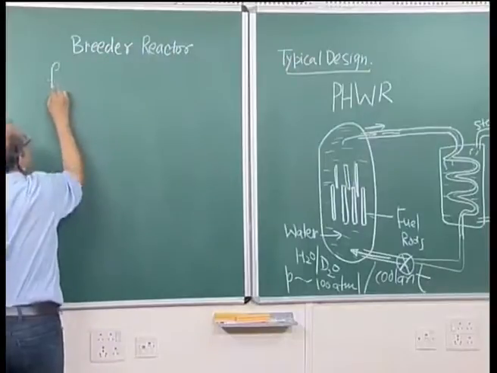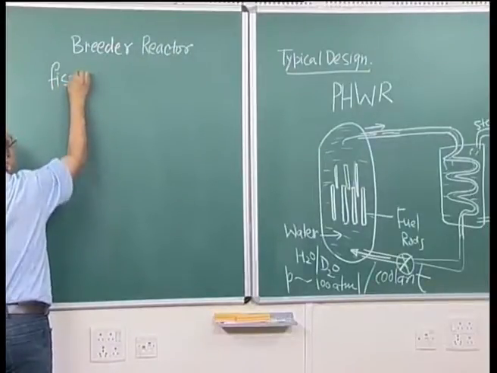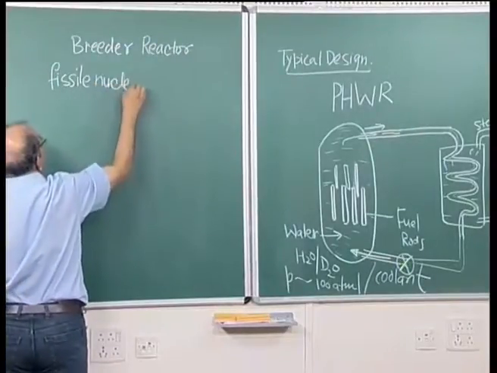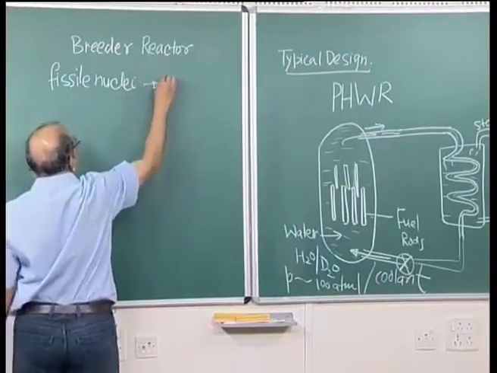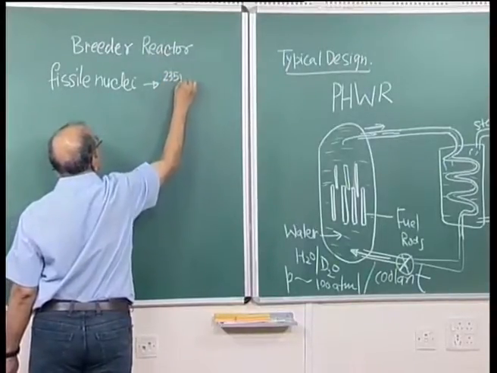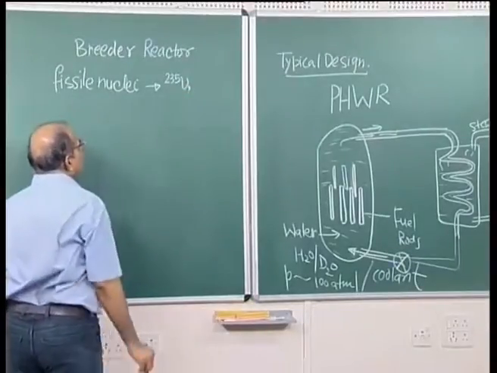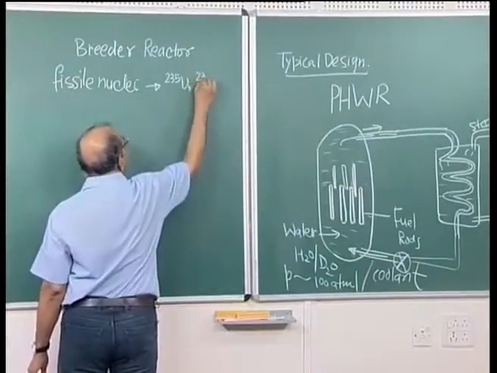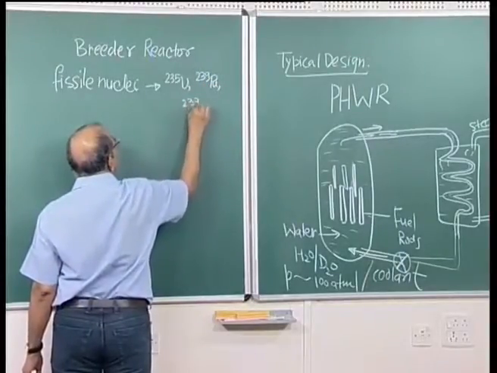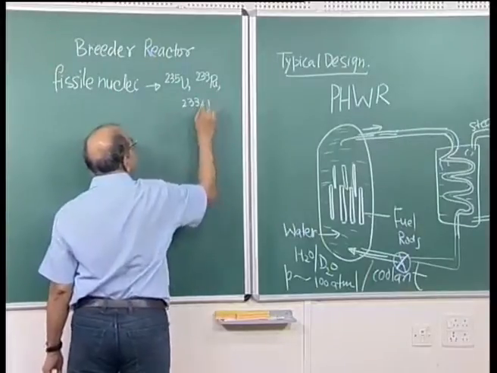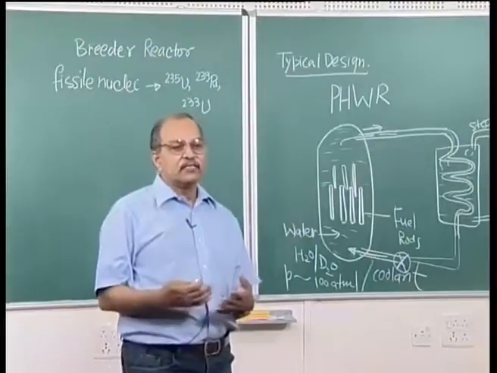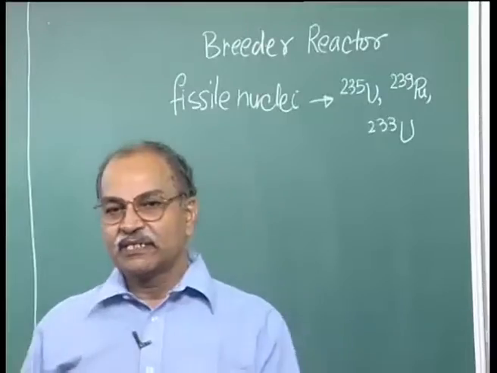You know, the fissile material: uranium 235, plutonium 239 and uranium 233. Fissile, which can be used in a nuclear reactor where a neutron goes into it and makes the fission.